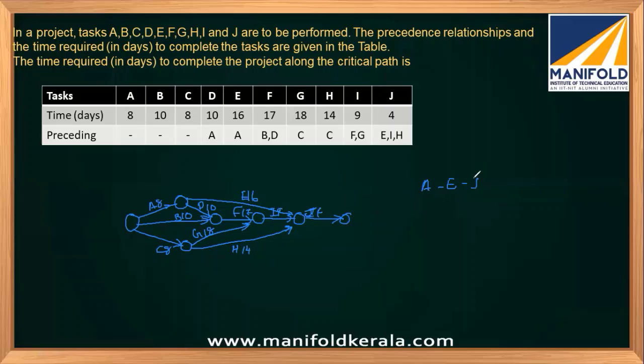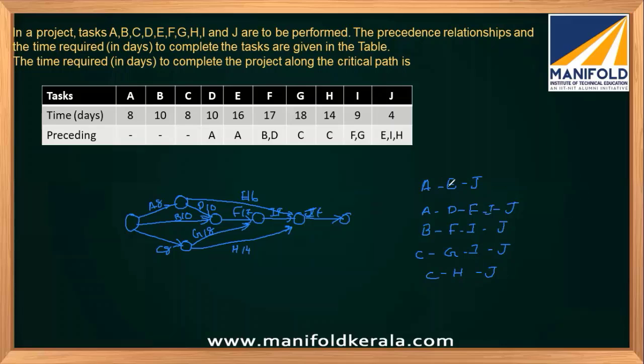A, E, J. A, D, F, I, J. B, F, I, J. Then C, G, I, J, and C, H, J. These are the 5 possible paths.